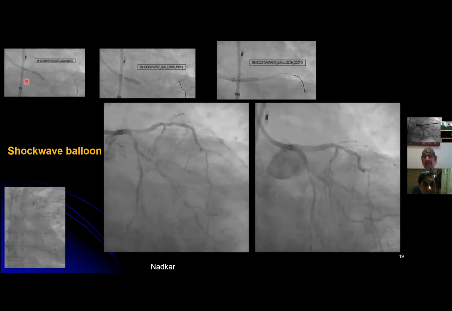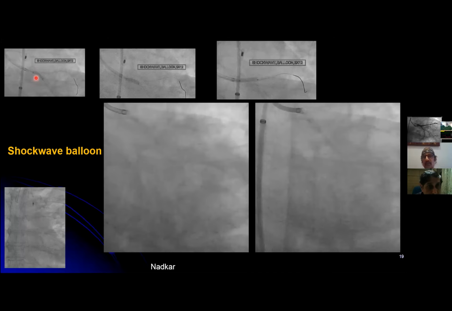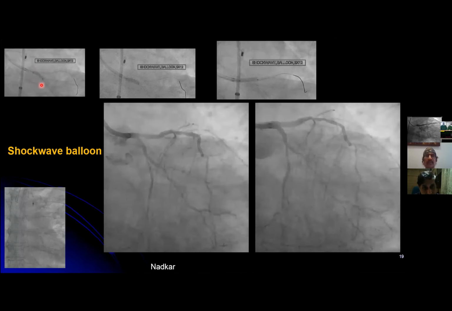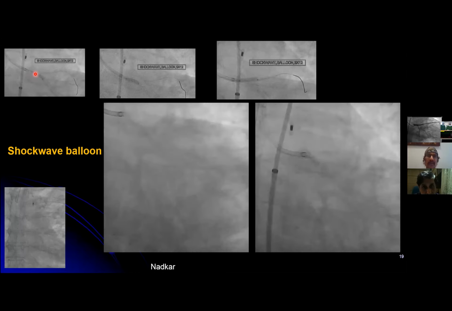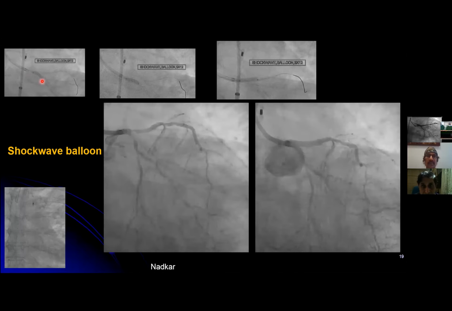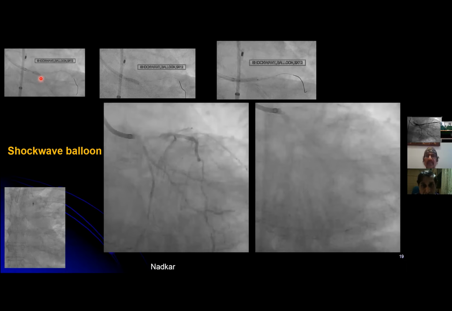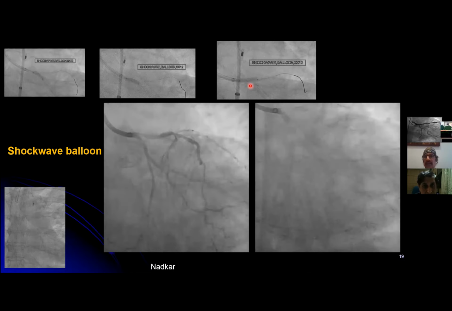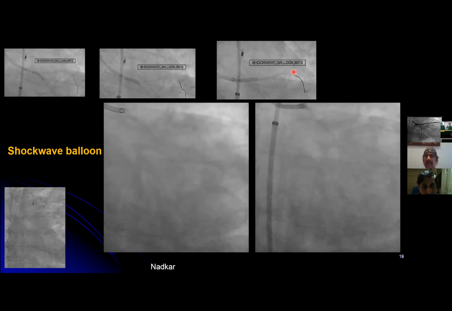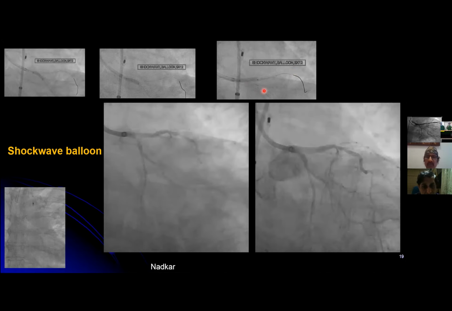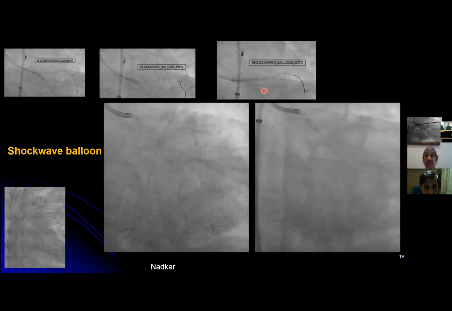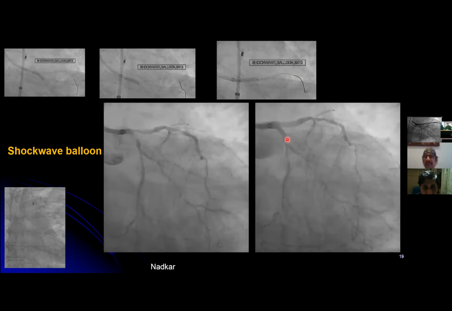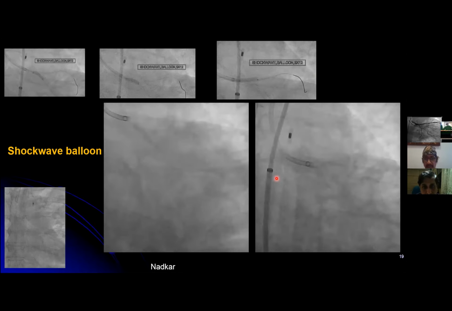In the previous case, you saw we had to use one rota and one scoring balloon, but here you are using IVL lithotripsy towards circumflex, then in the left main, and then towards LAD. So the wires are where they are. You got rid of your calcium, so you're quite sure your stent is going to expand. And this is how we ended on this particular case.